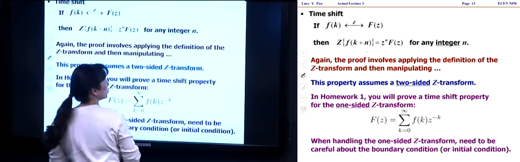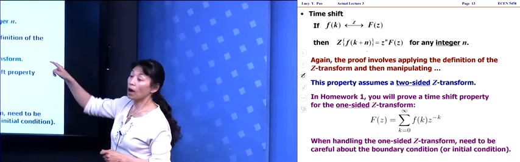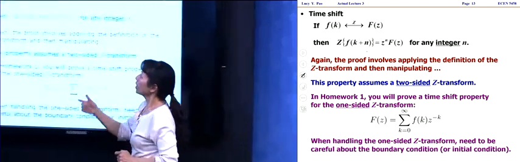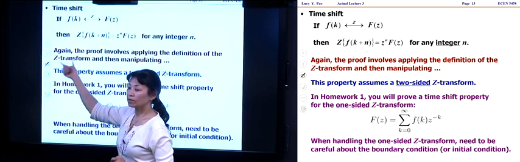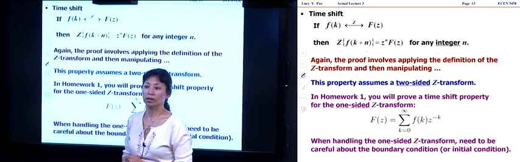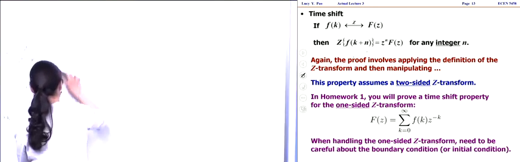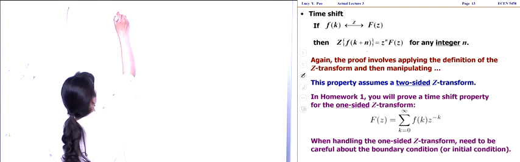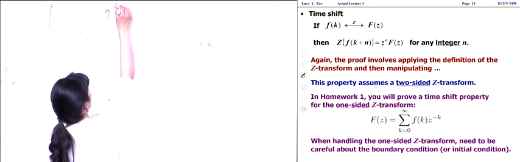Okay, so if you have f of k, and n, little n is a positive integer, then is the original sequence advanced or delayed? Right, so say you have some time domain sequence, f of k.